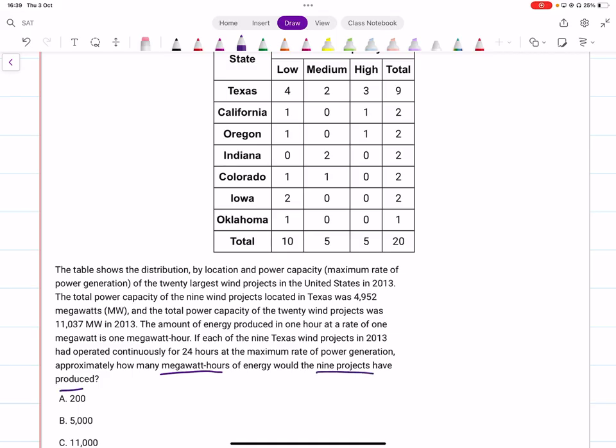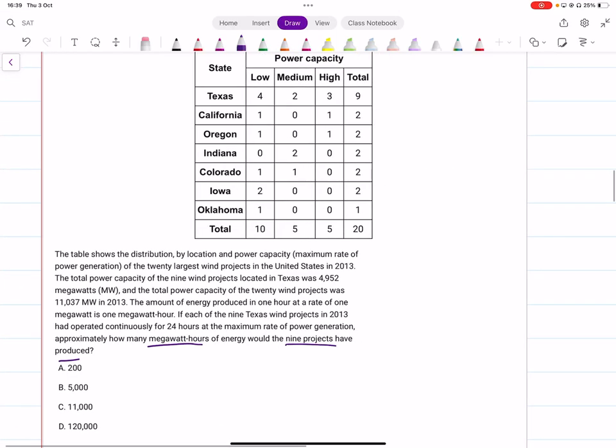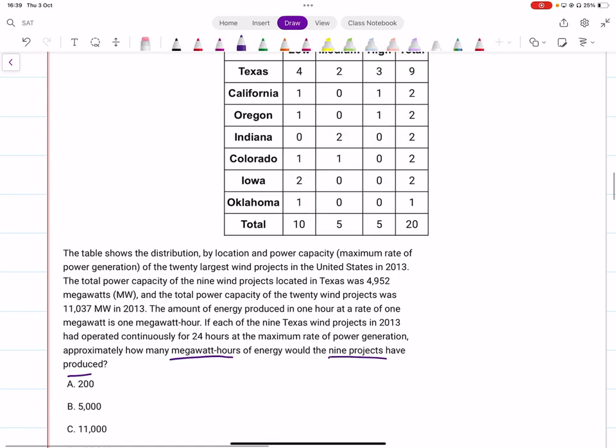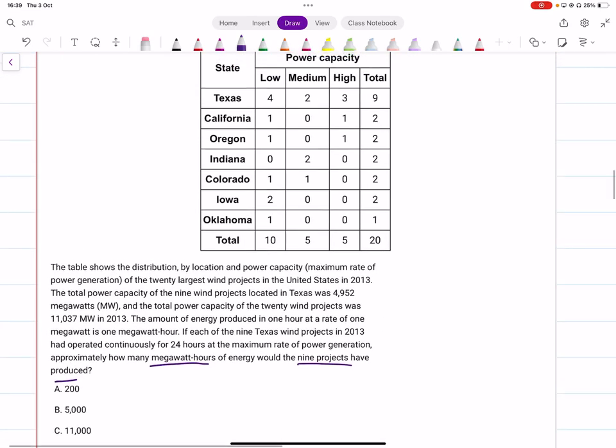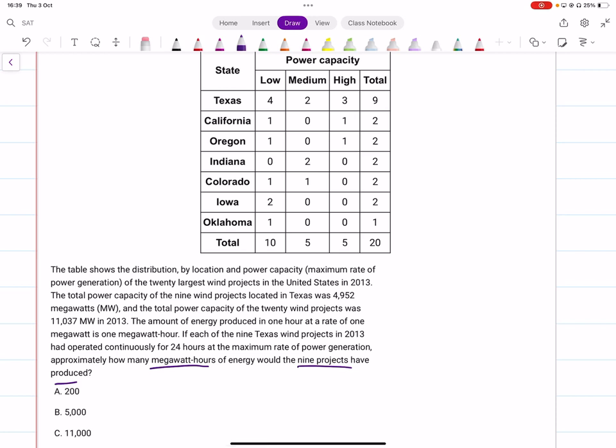Okay, we have these 9 projects. We have some locations given and power capacities given. The total power capacity for 9 wind projects located in Texas was 4952 megawatts.